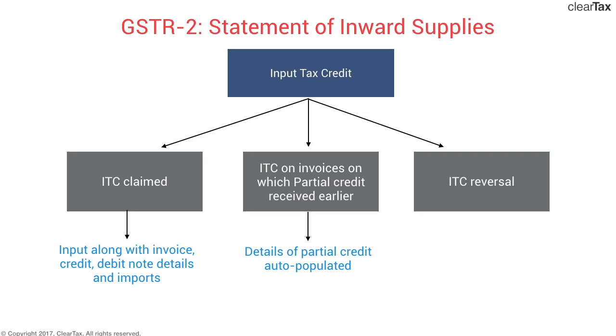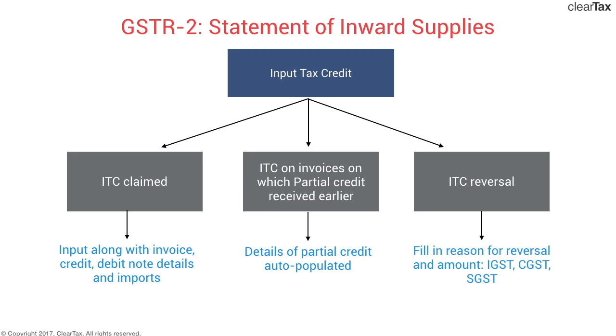In this situation, as soon as you put in that invoice, the details of partial credit that you've received in earlier period would be auto-populated, and the remaining would just be a calculation: total eligible minus already credited. That will be your input tax credit for this period.